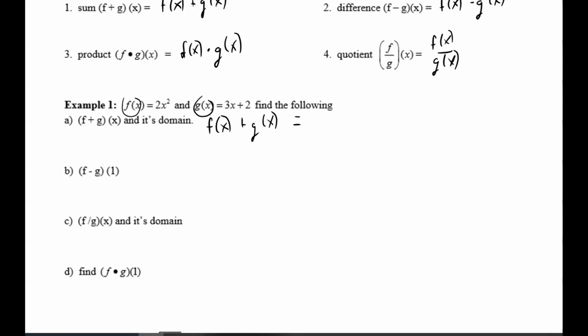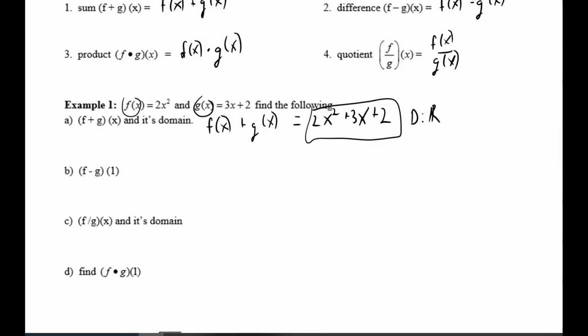That's all we're doing here. So this would just be 2x squared, that's f of x, plus 3x plus 2, that's g of x, and that is it. And since that doesn't have any radicals and it doesn't have any fractions, the domain is all real numbers.